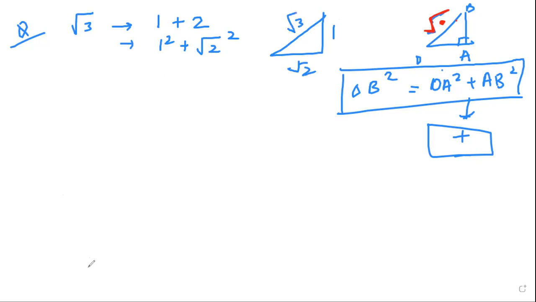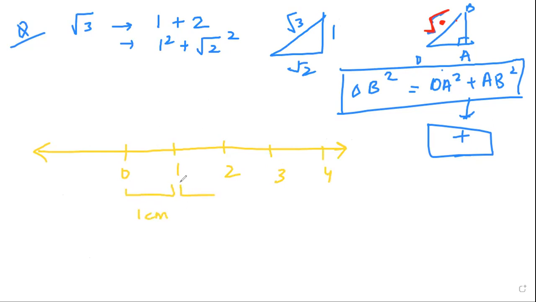So when you plot root 3, you will need to plot root 2 first. I'm drawing the numbers a little bit far apart just for convenience, just to make you understand.